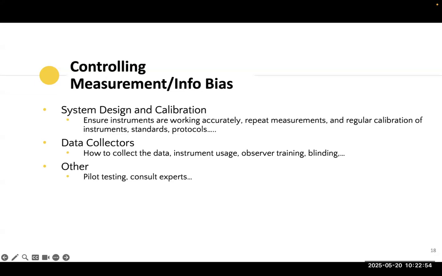And then just testing the calibration of instruments, having consistent standards, consistent protocols that everybody knows to follow. You want to make sure that the data collectors have been trained, they know how to use the instrument properly. There's all kinds of cool observer training you can do so that you don't have that bias when you're observing people's behavior, or at least less likely.